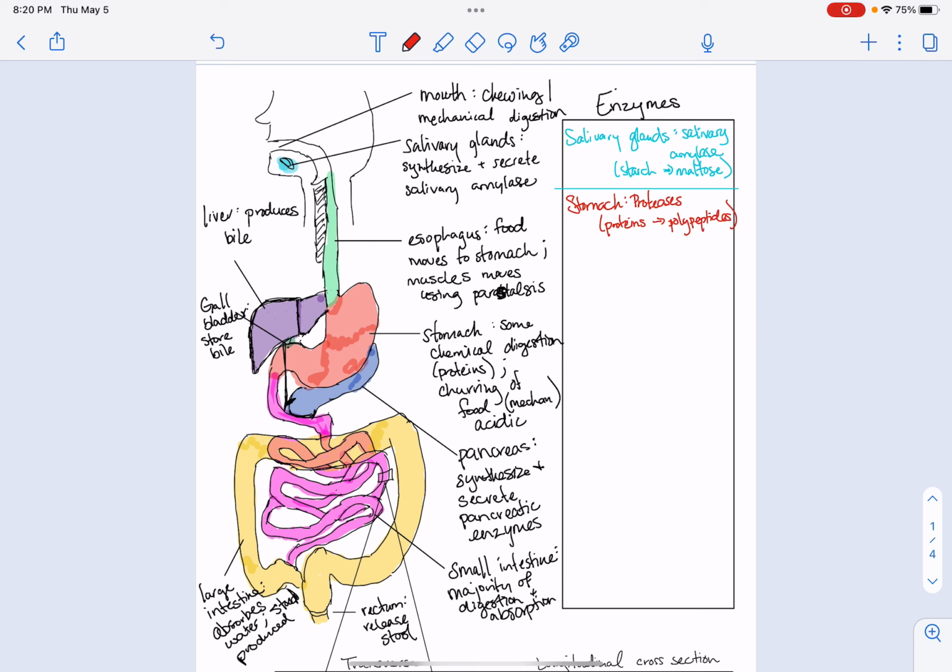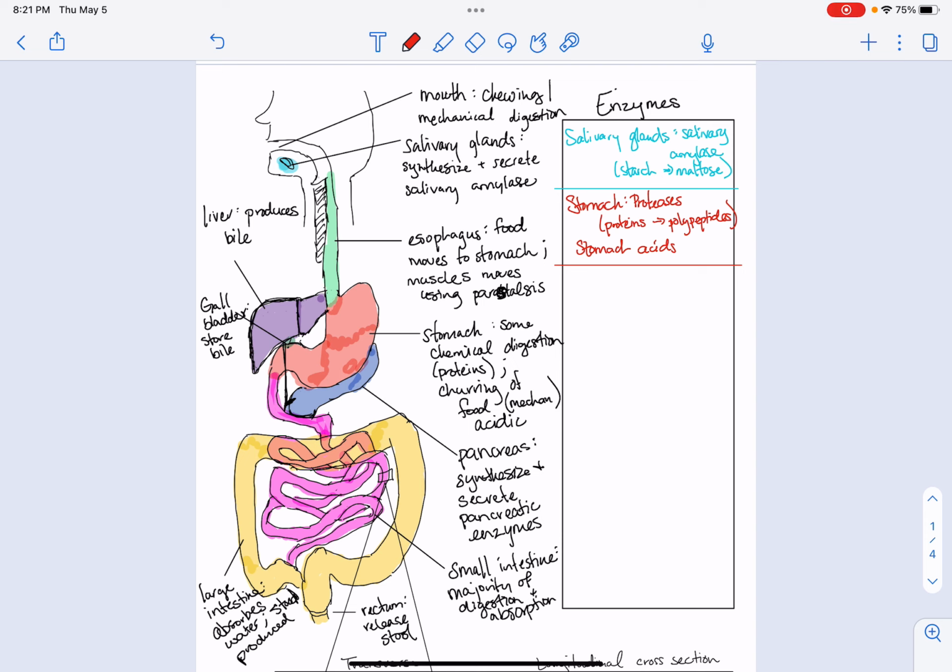And also, remember, this isn't necessarily an enzyme, but the stomach is very acidic, so we also have stomach acids in the stomach too. And remember, stomach is where churning happens, so there's some mechanical digestion as well.